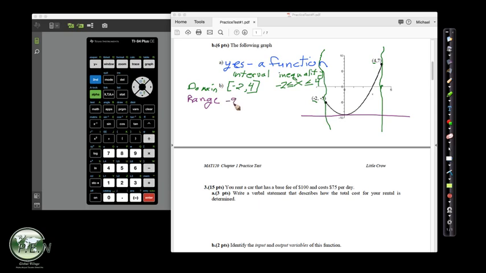That's when we first hit the graph. Since it's not an open circle, it's assumed to be a closed circle. It's not a point listed there. We keep going until we get to the very top of the graph, which is the top point up here. So we'll go across like that, and we look at its y value, which is 7. So the range goes from -9 all the way to 7. It's a solid dot, so it's closed in.